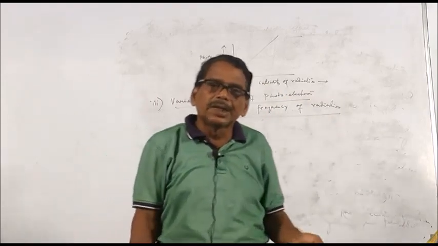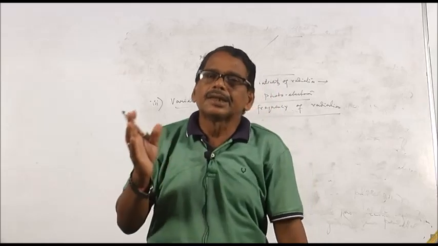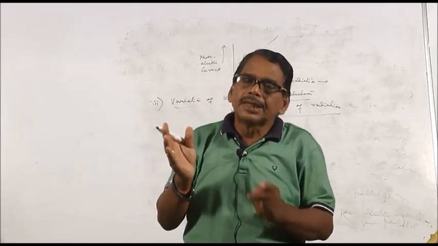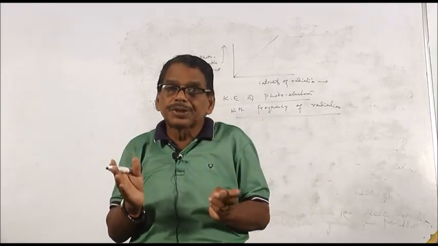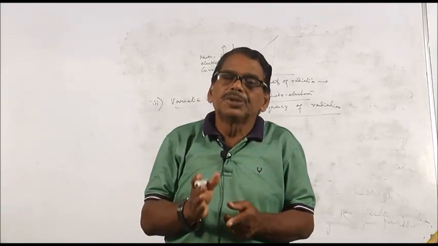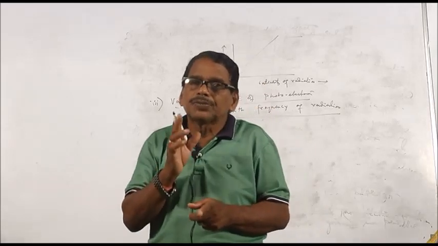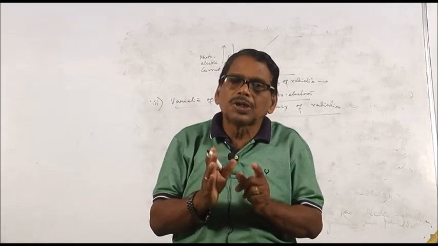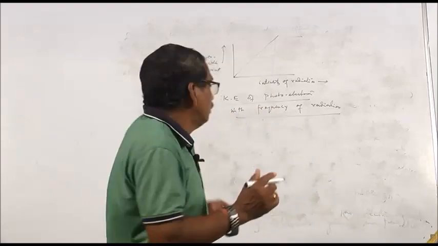When frequency of radiation is increased, kinetic energy increases. When frequency of radiation is decreased, kinetic energy decreases. At a particular frequency, kinetic energy becomes zero. This particular frequency is called threshold frequency, below which photoelectric effect is not possible.